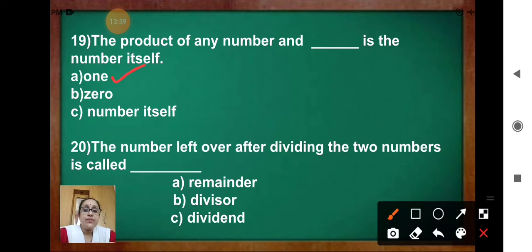Question 20. The number left over after dividing the two numbers is called, options are remainder, divisor, dividend. So the correct answer is remainder. Finish writing. Only write the correct answer.